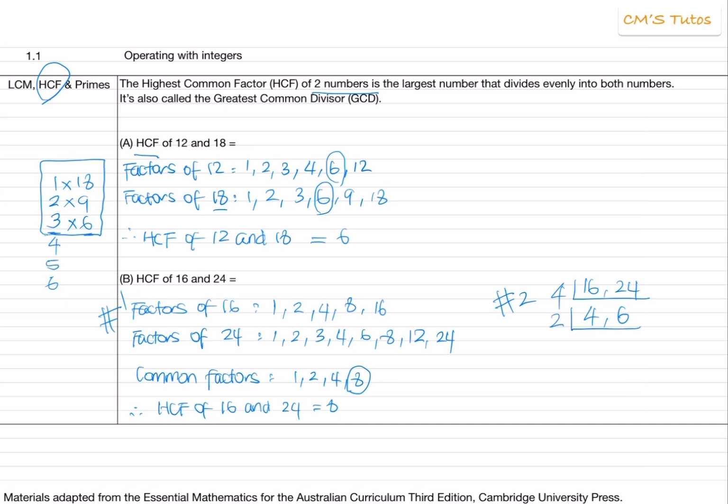We can try with 2 again. 2 into 4 is 2, 2 into 6 is 3. Now the numbers 2 and 3, we cannot divide anymore. So all we have to do is, therefore, HCF of 16 and 24 equals 4 times 2, and we can say 8. There we go. We got the same answer.